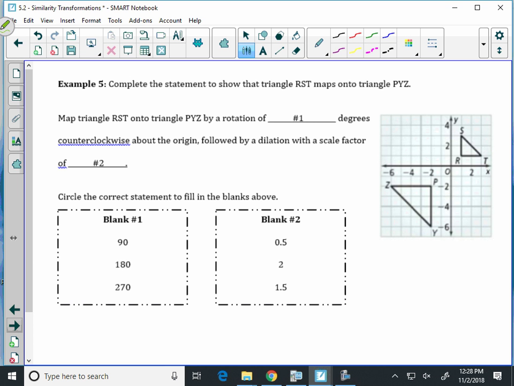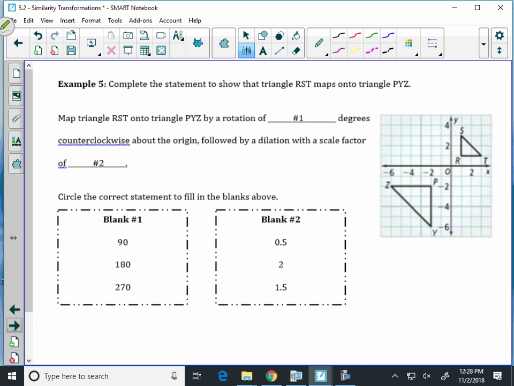But there's something that can save you some time. Because we're trying to get RST, this upper triangle right here, to map onto PYZ, we have to make this jump by rotation, 1, 2 quadrants, because it has to be in the same quadrant to be able to do the dilation. What rotation allows us to jump 2 quadrants? 180. So I'm going to try 180 first.